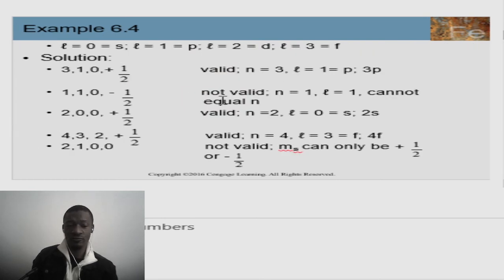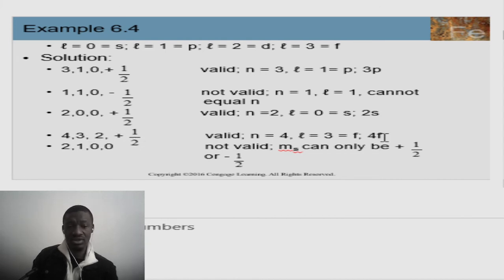So we see that the second one cannot exist on the strength of n=1 and l=1. That cannot work. And then you have the third one. So you have 2, and then you have 0. The 2 and the 0 here is s, so it's 2s, and then you have a 0, and it's valid. Then the next one, you have a 4, and then a 3 is indicative of an f, and then you have a 2, which is valid, and then the half.